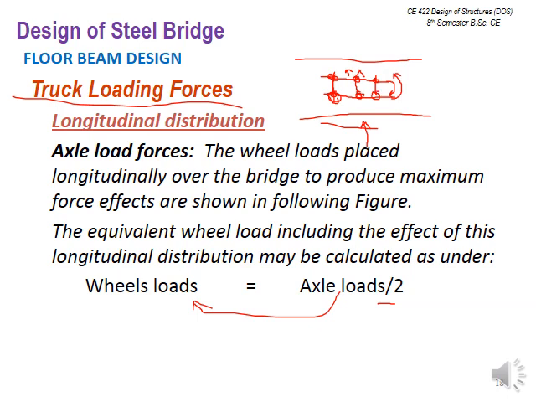That particular wheel load is going to be applied on the stringer in the longitudinal direction. This will be your longitudinal distribution, and then further these equivalent loads that you calculate will be transferred in the lateral direction to be considered again as an axle load.